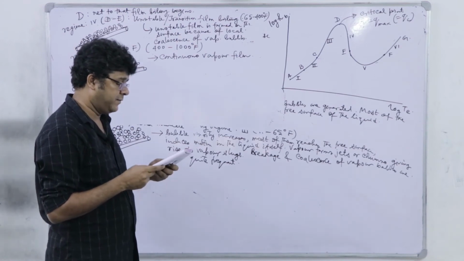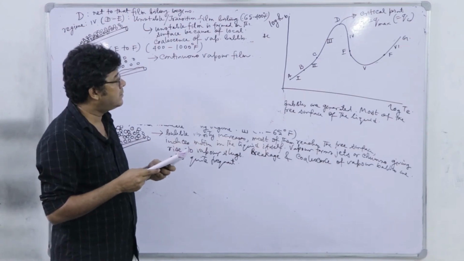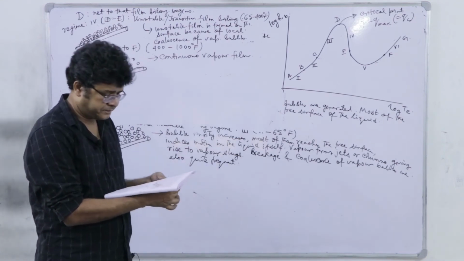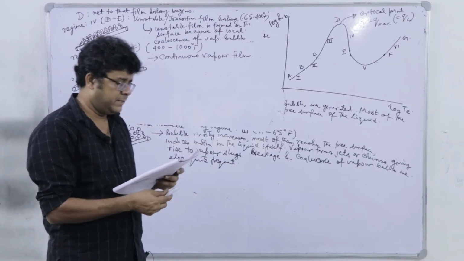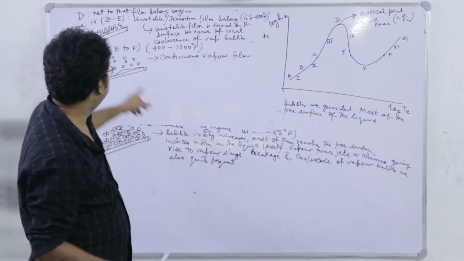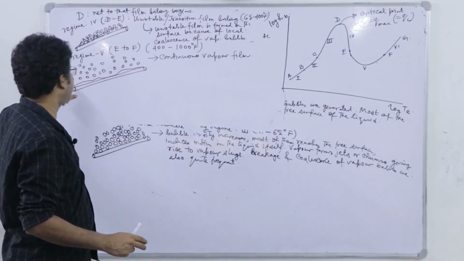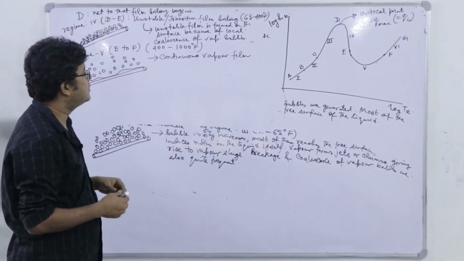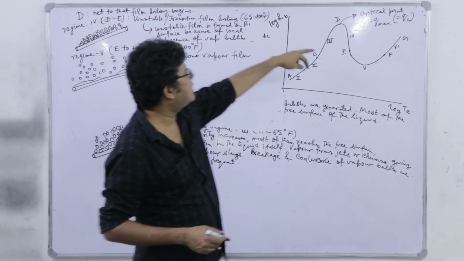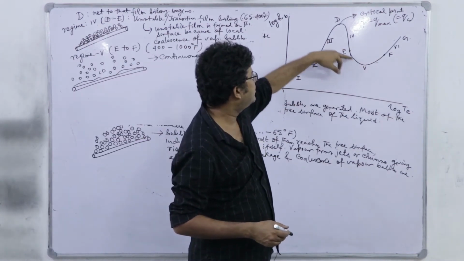After the point F, definitely this is the next regime. Here you see that the surface of the film acts as a secondary nucleation spot for the bubbles. Okay. So, this is the continuous film boiling and it passes through a minima here.